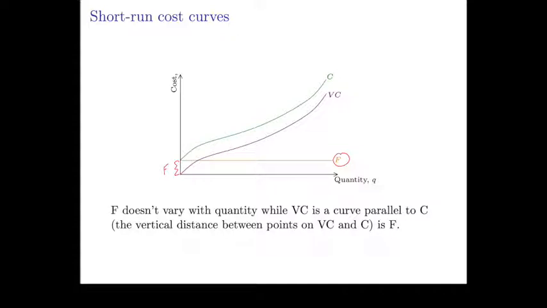So the difference between the cost curve and the variable cost curve, if you subtract variable cost from cost at any quantity, this height is going to be f, the fixed cost. So the VC curve is going to be parallel to the C curve, and the distance between the two vertically is going to be f.